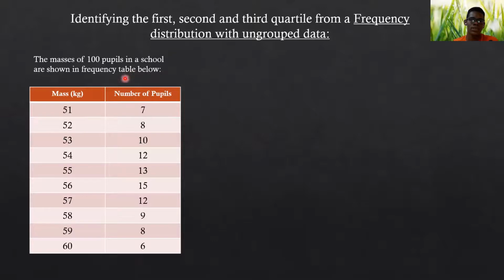We understand that that is the frequency. So 7 pupils weigh 51 kilograms, 8 pupils weigh 52, so on and so forth, for a total of 100 pupils. Good, so now let's identify the quartiles for the data set.